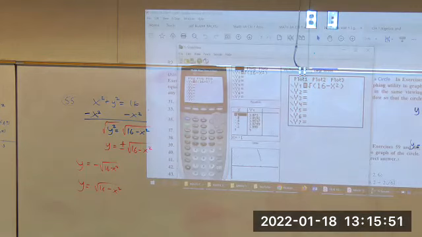You want to hit negative and then the square root. 16 minus the x squared. And then make sure you hit enter. Okay.